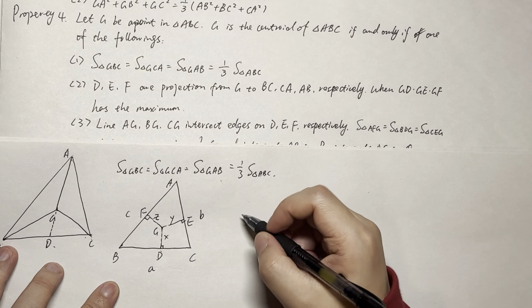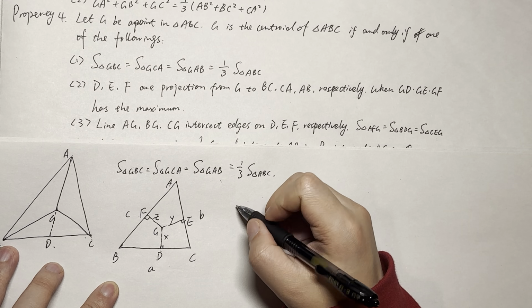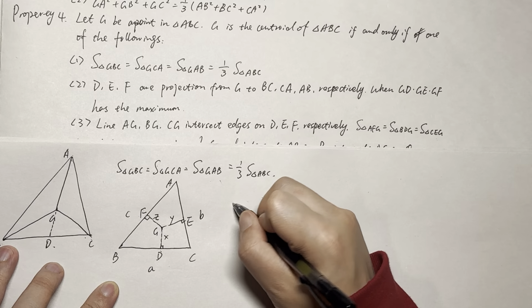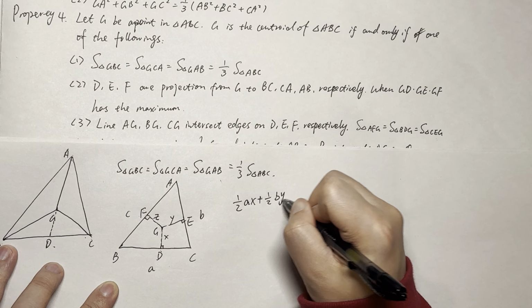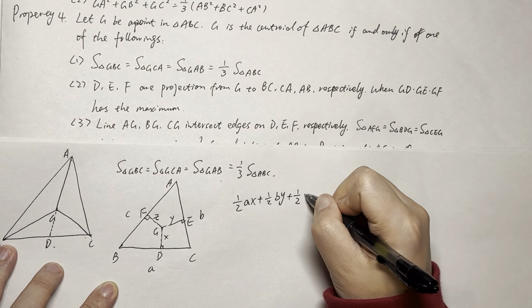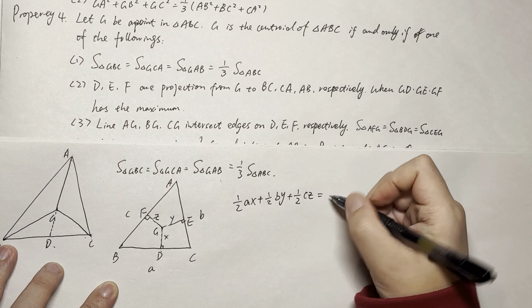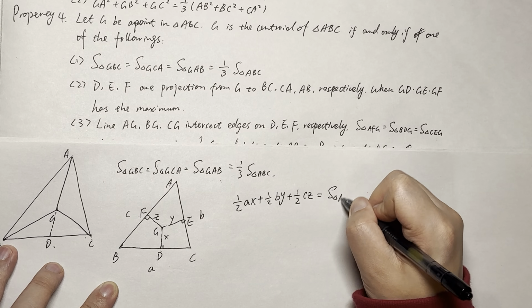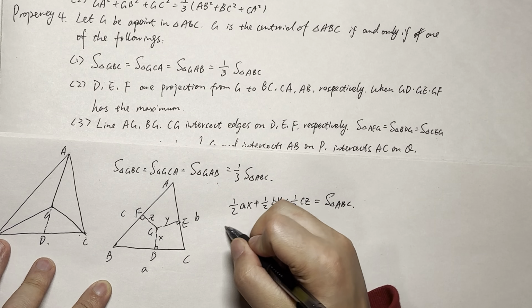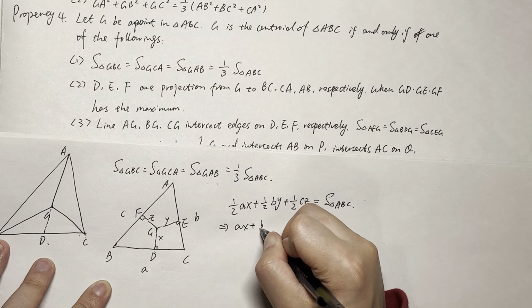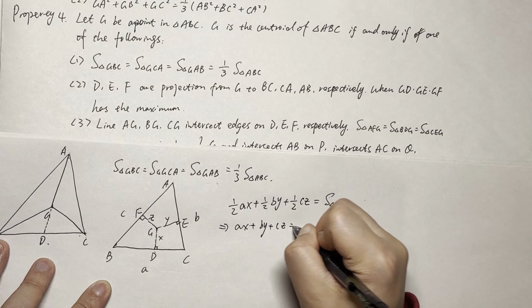So we know that half of ax plus half of by plus half of cz equals the area of triangle ABC, right? Which means ax plus by plus cz is a constant.